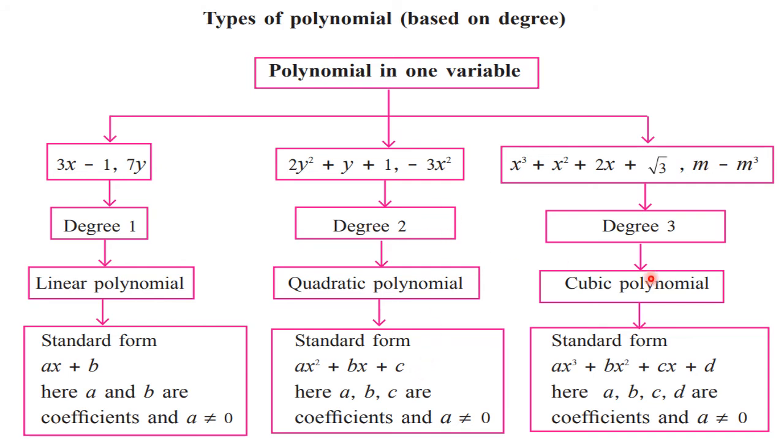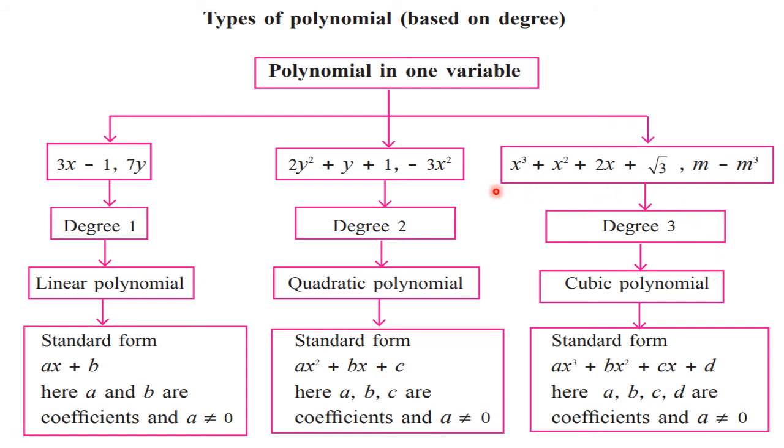Then the third type is the cubic polynomial. Okay, you know that cube means raised to 3. So accordingly you can think of it that a polynomial with degree 3 is called a cubic polynomial. As I have said, again you are not going to think of the number of terms present here. You can see the examples.